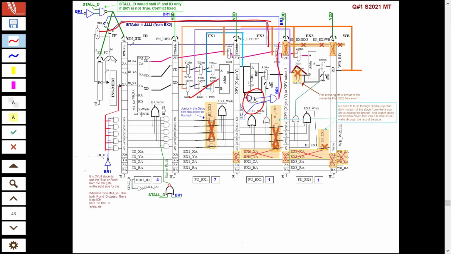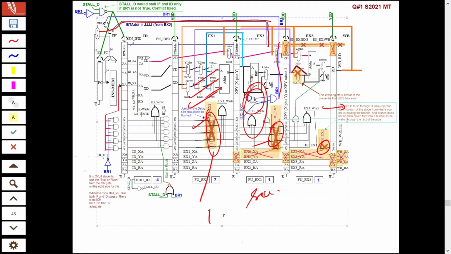So there's no question of bubble injection. Whether I'm successful or not, you will survive. You will naturally survive if I'm not successful. But even if I'm successful, since one delay slot is required, you will survive. So there's no need for bubble injecting AND gates here, and not here, because you are not stalling somebody to inject bubbles to the next stage.